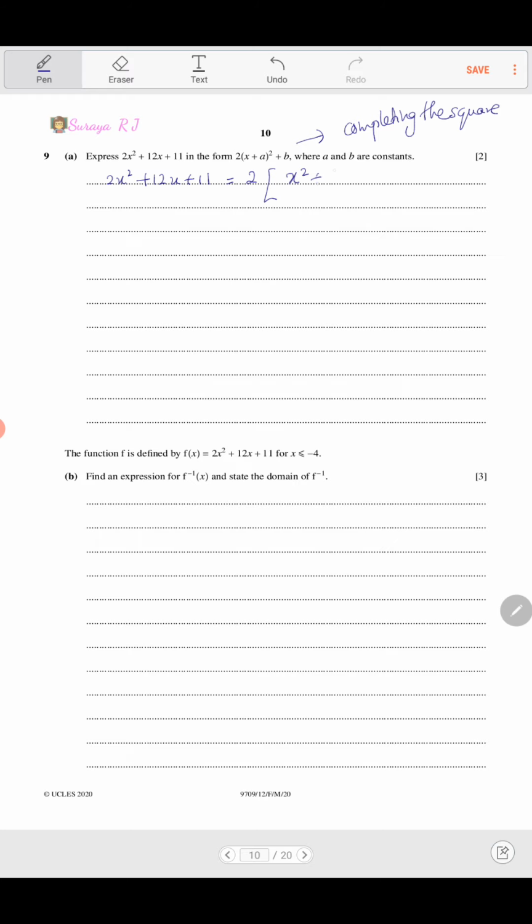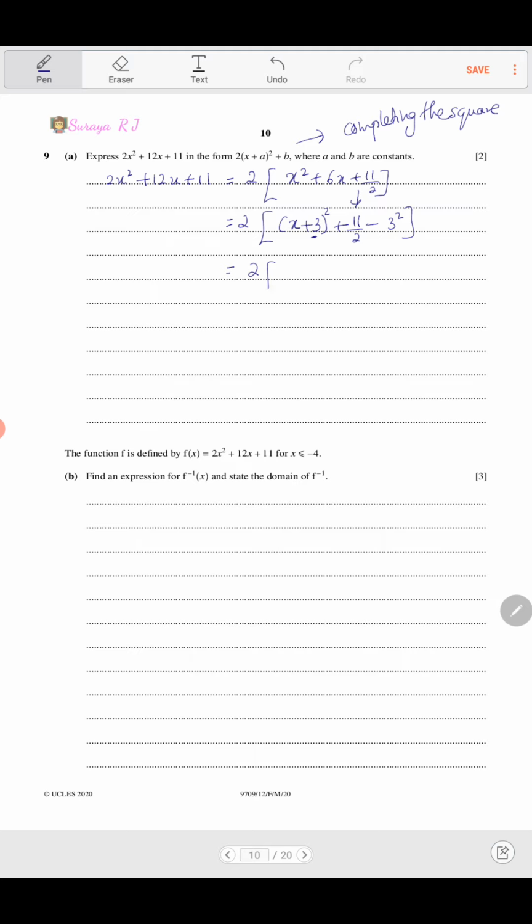We have x squared plus 6x plus 11 over 2. You have to be careful. You have to divide the other terms by 2. Now, to complete the square, we have x, this b, we divide by 2, so we have plus 3, and the whole to the square. This is c, remains the same, 11 over 2, and then we have to minus this term here, this 3 squared.